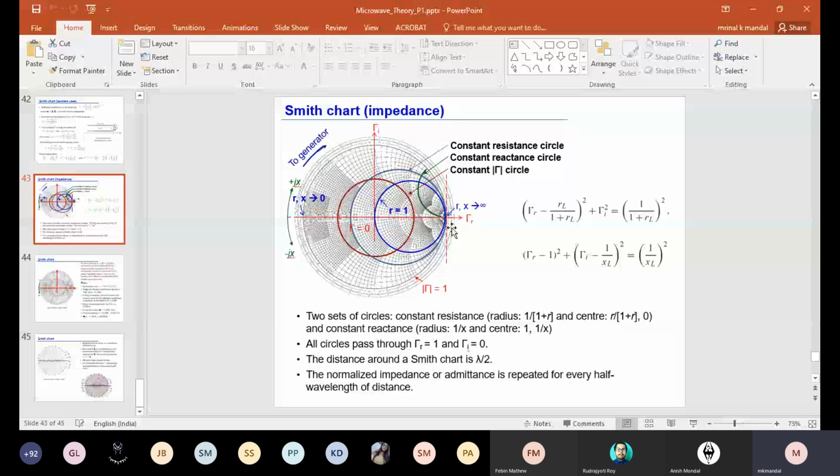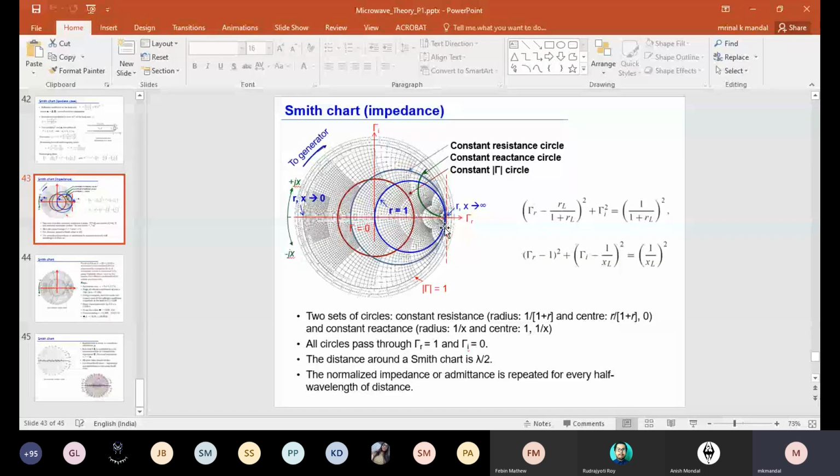Where it crosses the gamma r equal to 1 point, that point corresponds to resistance and reactance equal to infinite, and similarly at gamma r equal to minus 1 point, resistance and reactance approach 0.